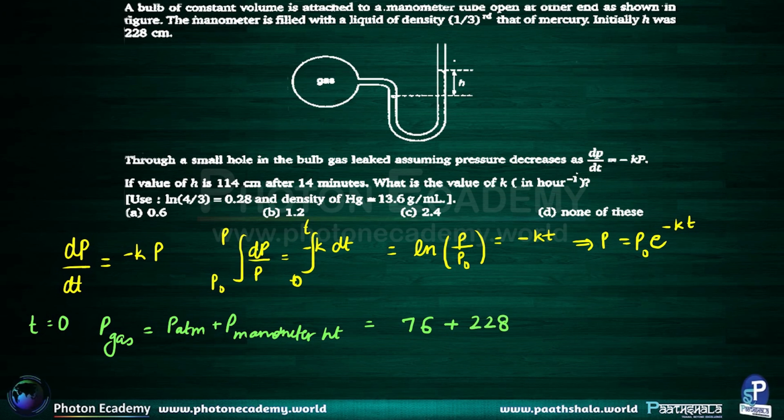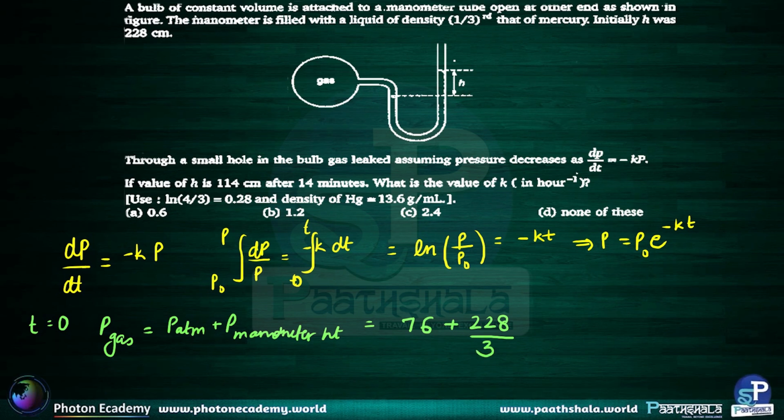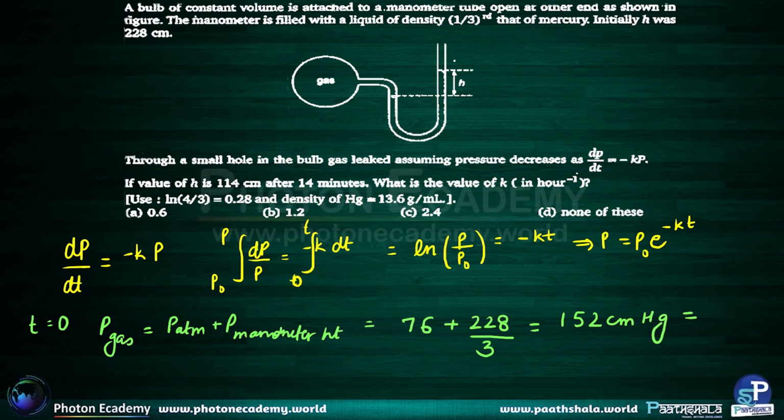And since the liquid used for the manometer is one third the density of mercury, this quantity will be divided by 3. So this final quantity comes out to be 152 centimeters of mercury. And this is basically the value of P naught, because it is the pressure at T is equal to 0. So our expression becomes P is equal to 152 times e to the power minus KT.